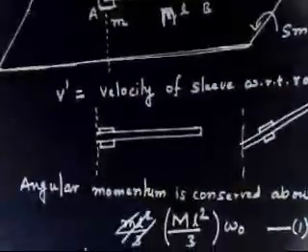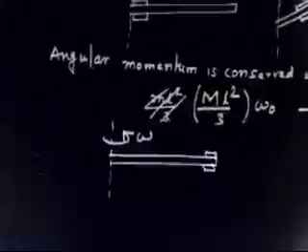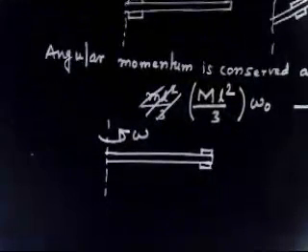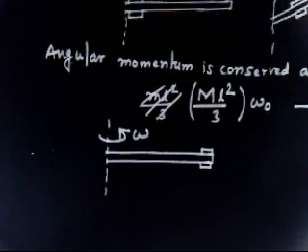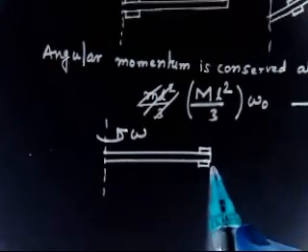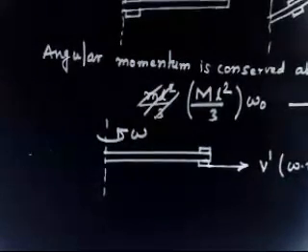Why is this decreasing? Because in this system there is nothing that provides the energy. So some of the kinetic energy of the rod gets converted into the kinetic energy of the sleeve. So the sleeve has some velocity v dash. Let us say v dash is the velocity of the sleeve with respect to the rod.